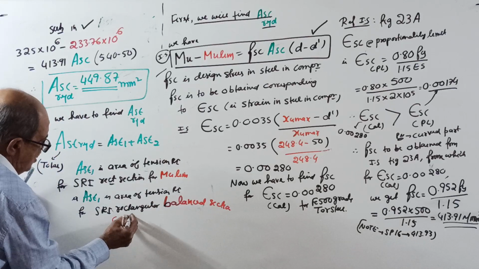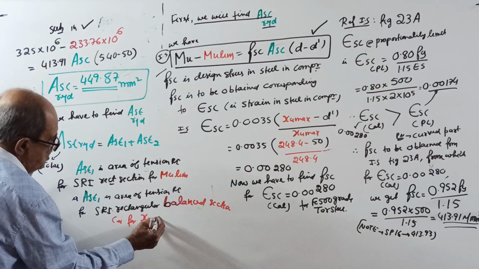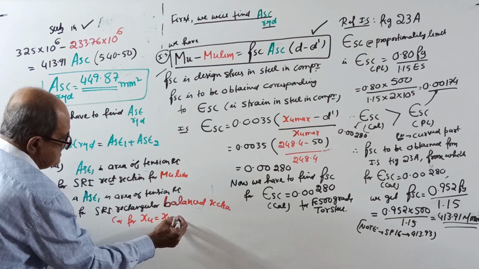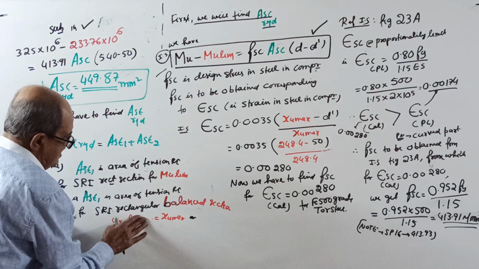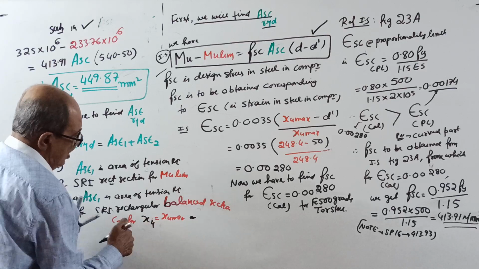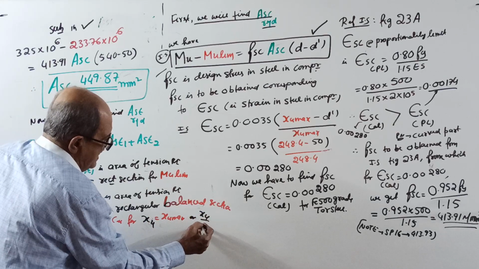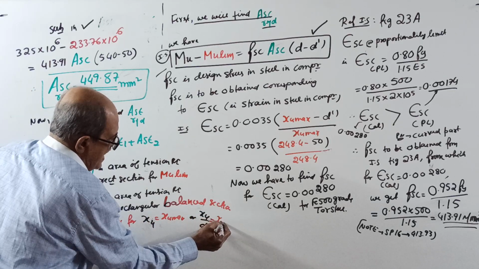That is for XU equal to XU max, or where XU by D is there, you can write XU max by D.